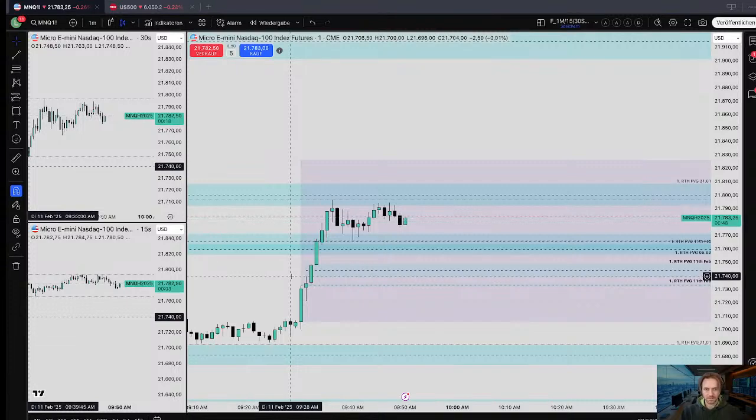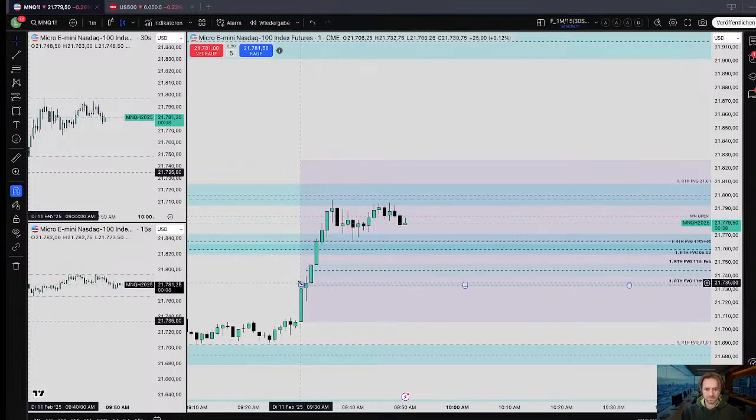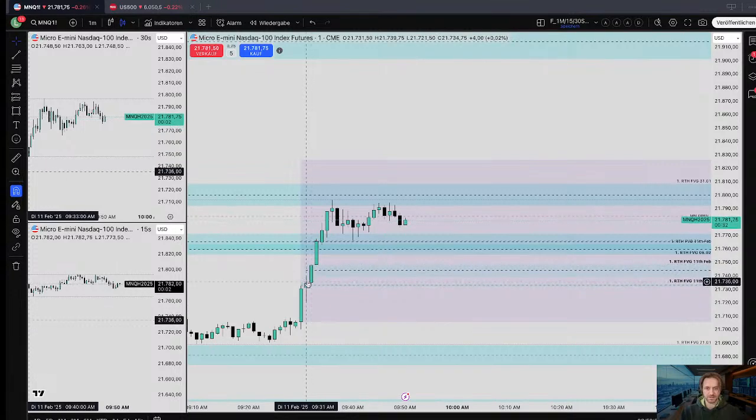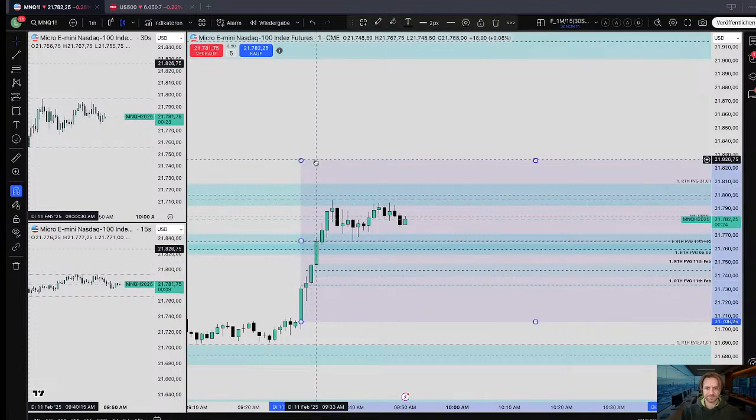Let me see. Honestly, I have no idea how it is if there is a volume imbalance and here is a volume imbalance, if I take the complete fair value gap or not, I don't know.